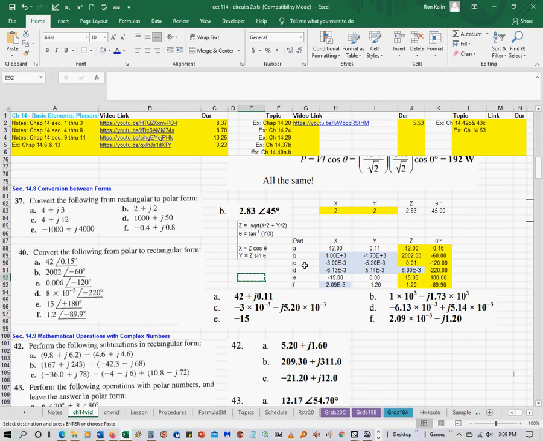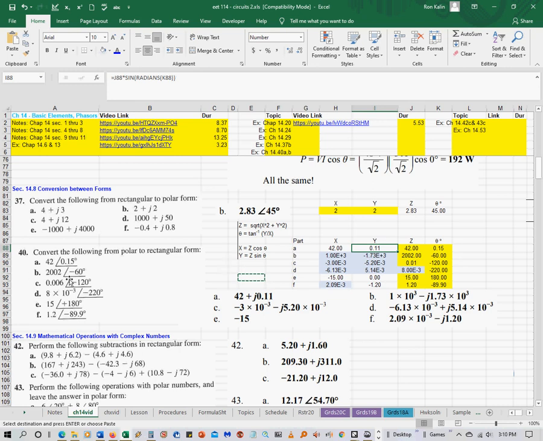So you have z of 42 and theta of 0.15. You take z times the cosine of the 0.15 degrees, which ends up, your x also equals 42, and then your y equals 0.11. That's a really small number.